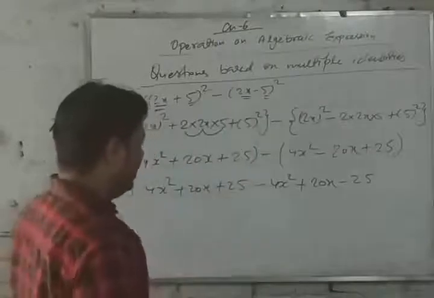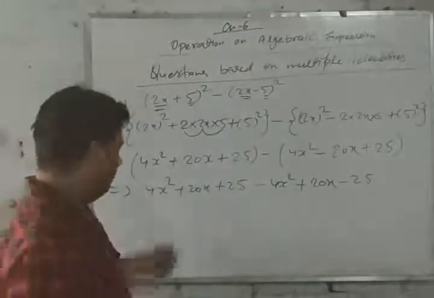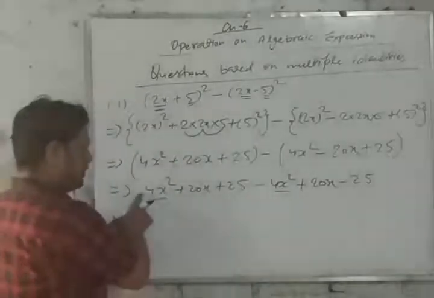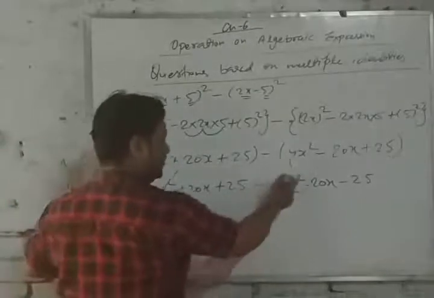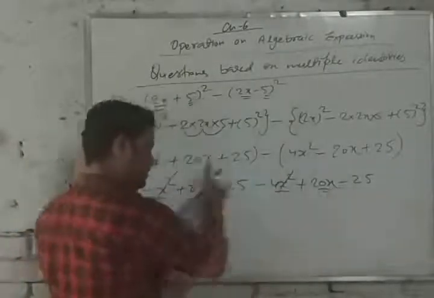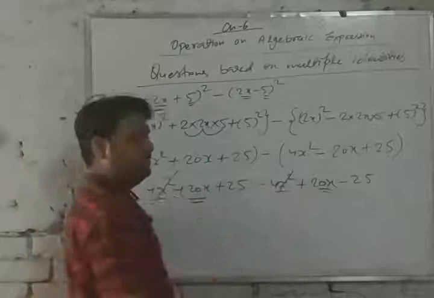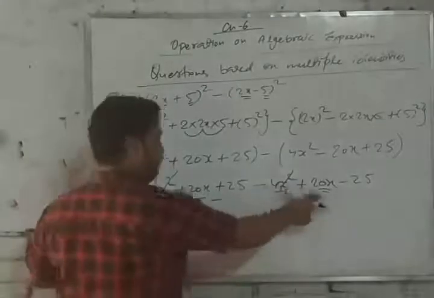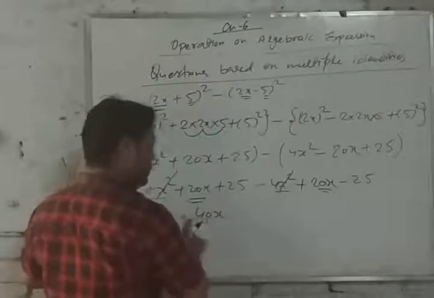Now solve it. At first highest exponent 4x square, but you can see both terms are same. One has plus sign, one has minus sign. Cancelled out. Now here 20x and 20x, same term, but both have plus sign, so we have to add. 20 plus 20 is equal to 40x with plus sign.